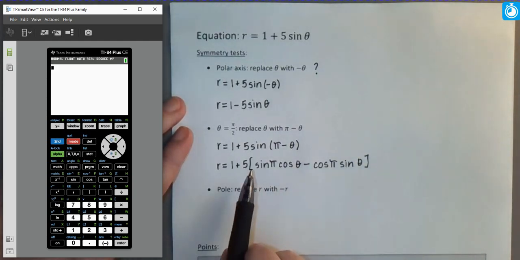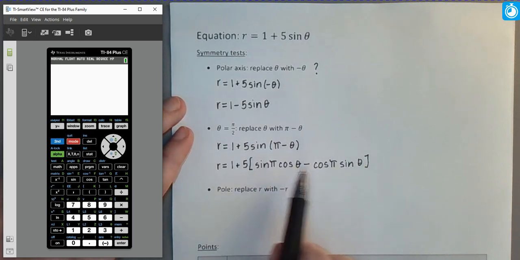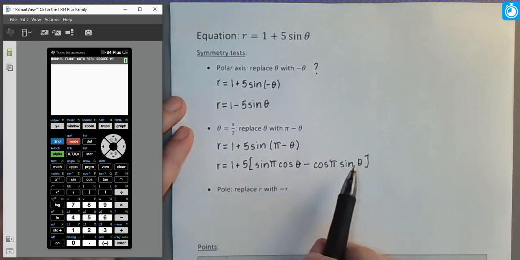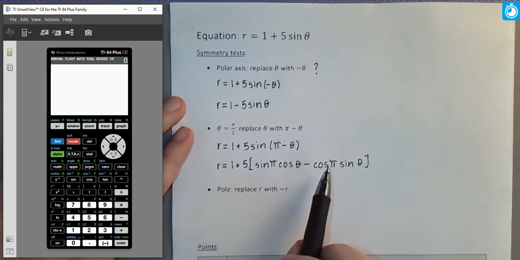Okay, now sine of pi, cosine of pi, those are going to be constants. Cosine of theta, sine of theta, theta is an unknown, so those will remain variable. But these two factors we can simplify because those are values we would find from the unit circle.